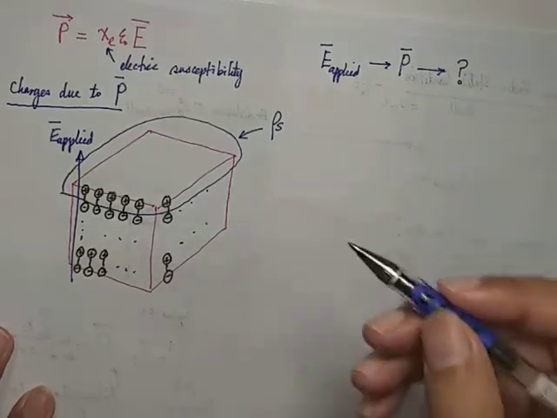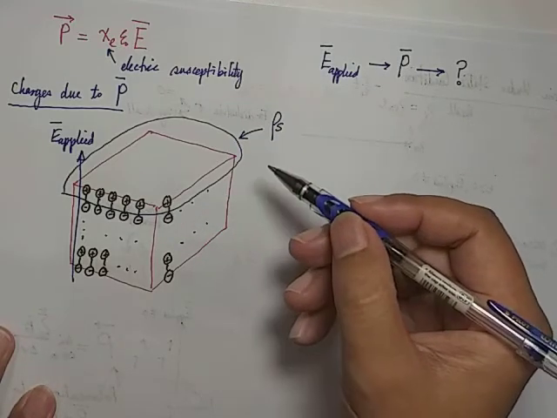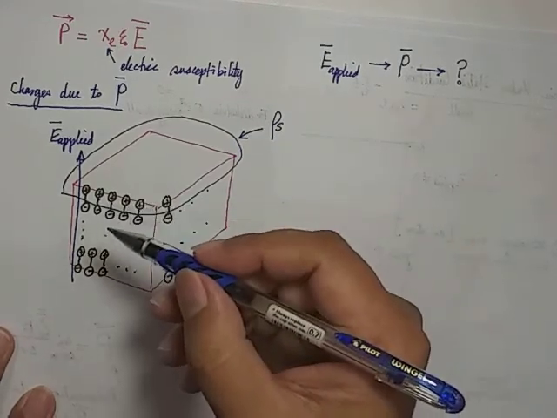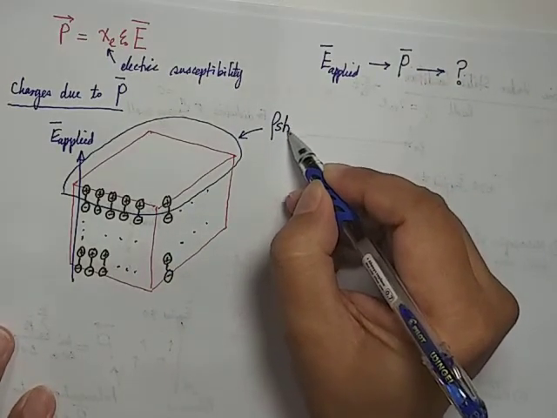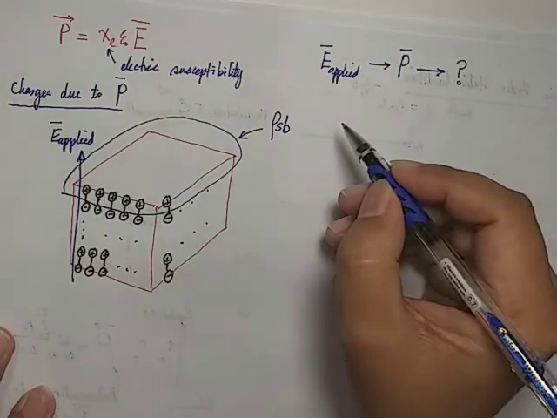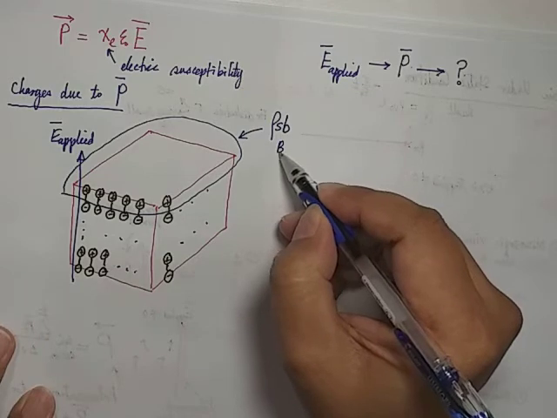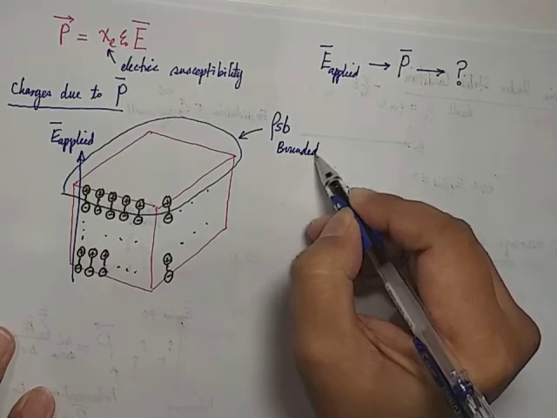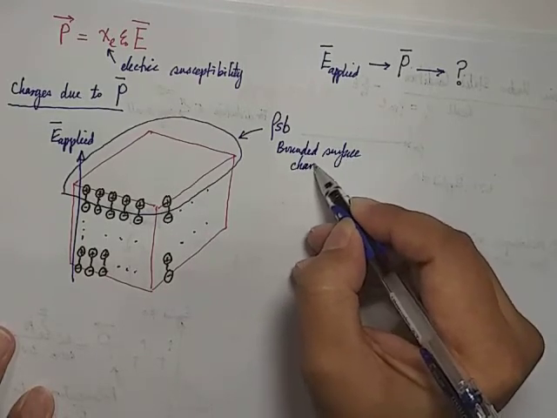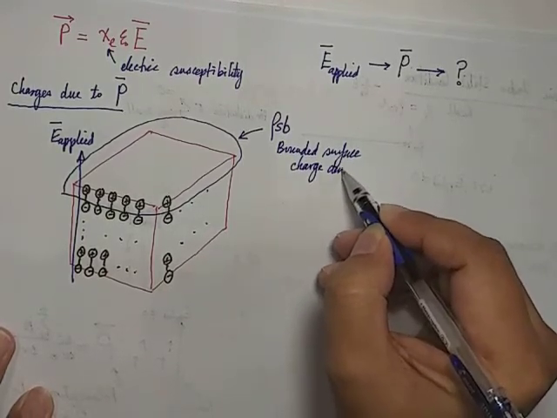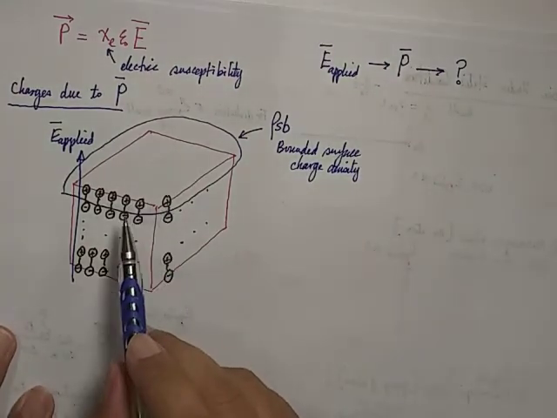So therefore, we have to rename that to make it clearly different from the one that we talked about before, the surface charge density. Now we're going to add the symbol B. So we call this one bound surface charge density. Okay, because you can see there's a surface charge, but yet it is bound.